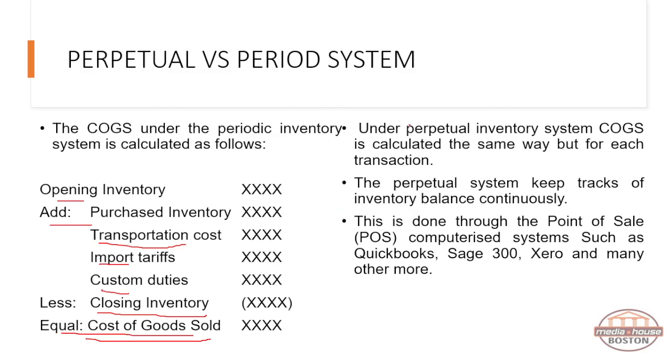Here it says that under the perpetual inventory system, the cost of goods sold is calculated the same way but for each transaction. So under perpetual, the only difference is that under periodic, you're going to do this at the end of the month or at the end of the period. And under perpetual, you don't perform this manually.